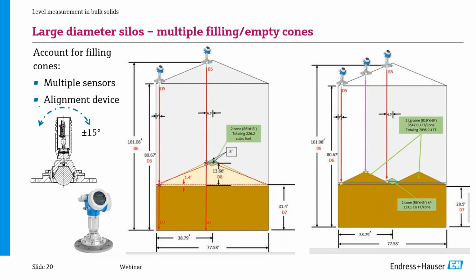The easiest one is to use more than one sensor. Usually you have to have one sensor installed close to the tank wall, and another sensor installed close to the center. Like this, based on these two measurements, you can work out the average of your level.